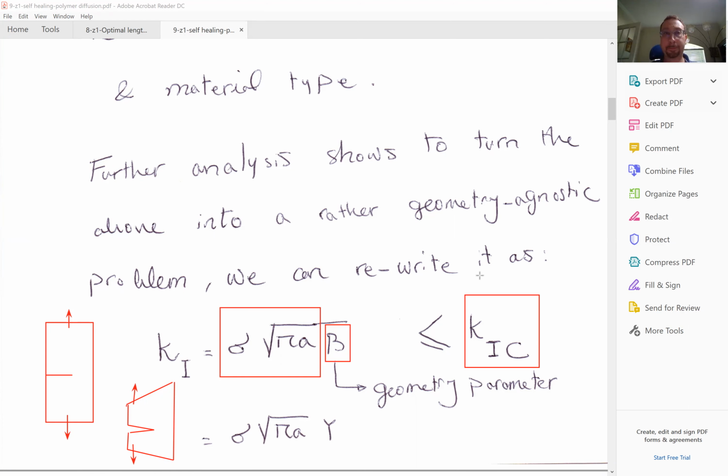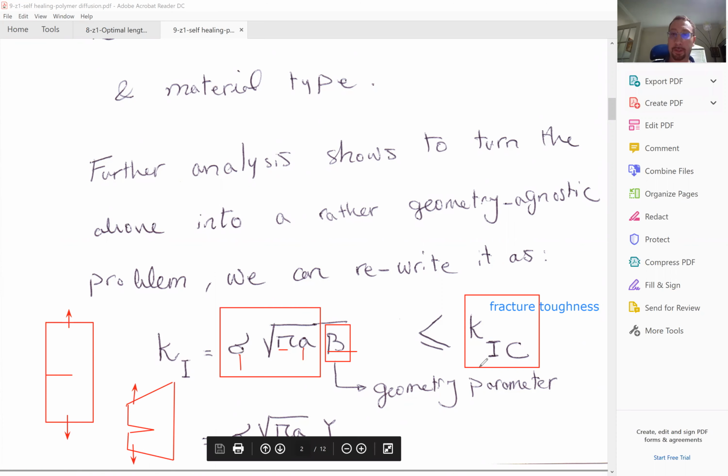This property we call fracture toughness. And in case you want to know the units of that, the units are very clear, because pi doesn't have a unit, beta doesn't have a unit, this is the unit of length, and this is the unit of stress.